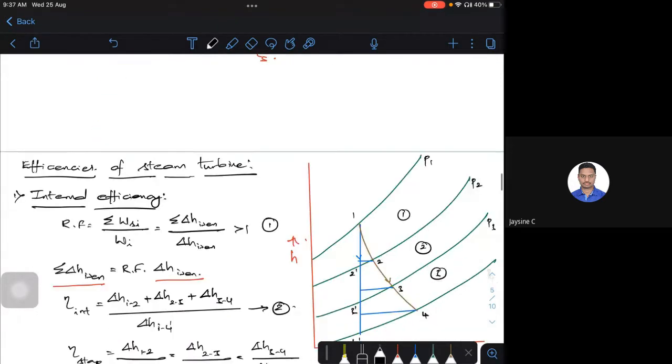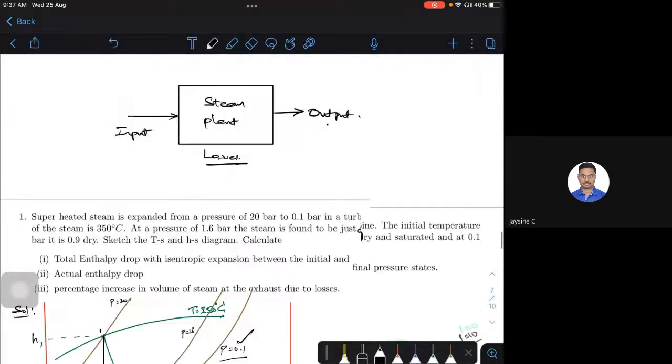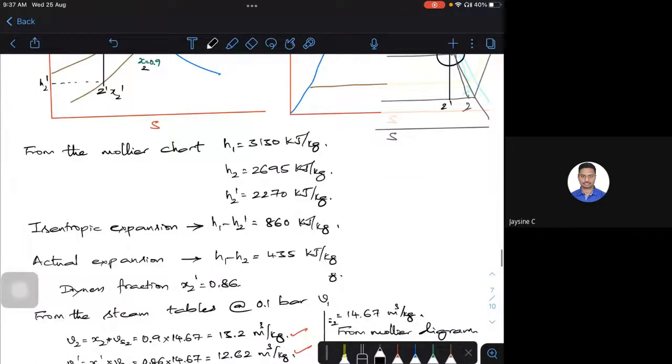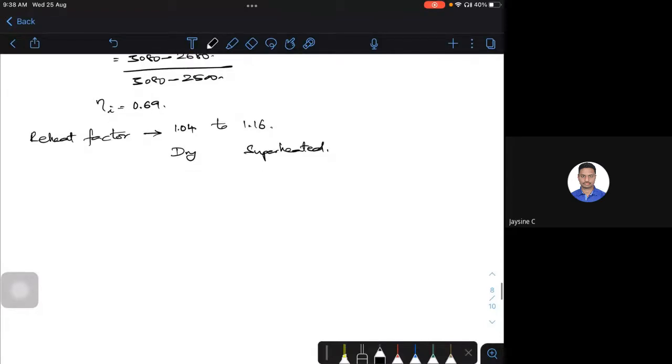So if I take the reheat factor roughly, I want you to do this exercise. Let me take some reheat factor. Roughly, let me assume the reheat factor. They try to get this using a trial and error method, by plotting that particular curve.